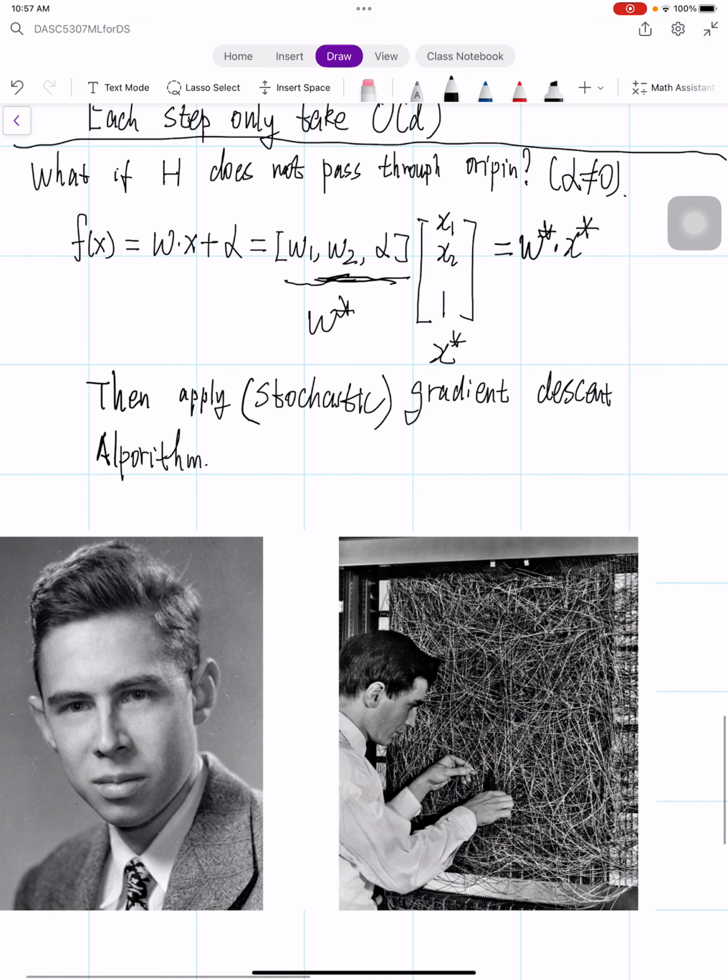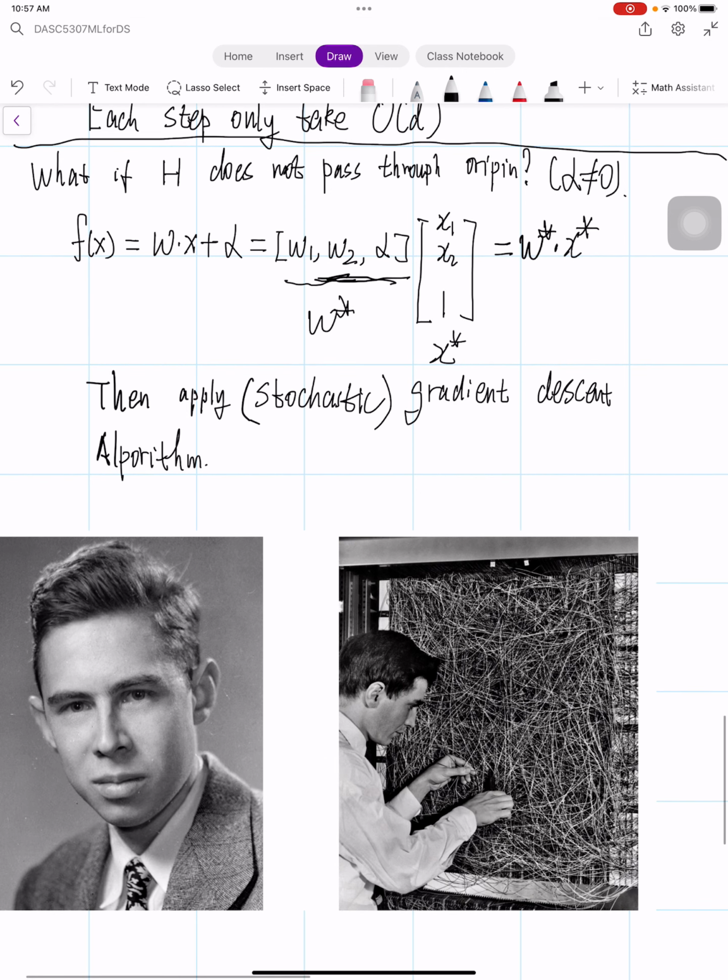Actually, there is a little bit of a story about this famous machine learning algorithm. This is a picture of Frank Rosenblatt, and this is the perceptron algorithm he originally developed at the Cornell Aeronautical Laboratory in 1957.